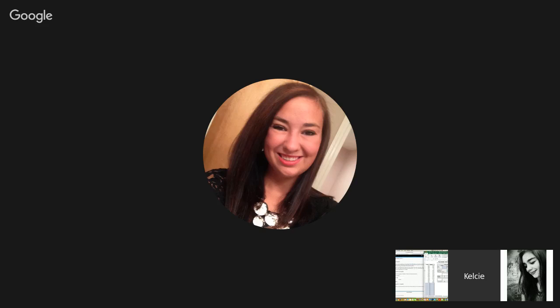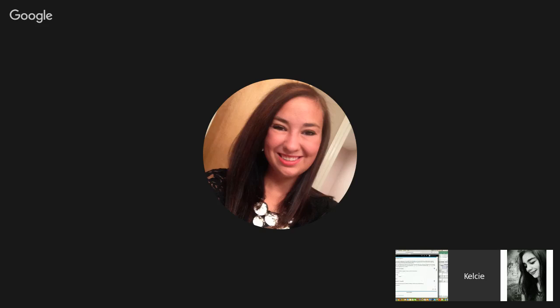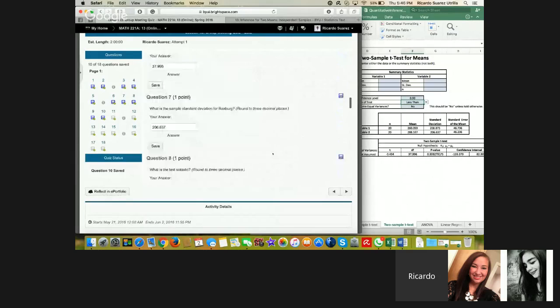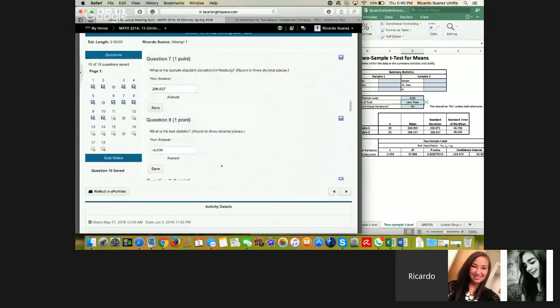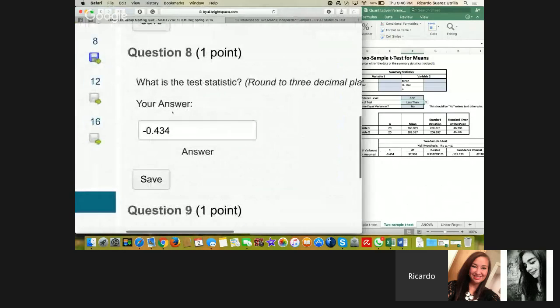Assume equal variances. I'm not sure about that. I think we just need to leave that on no. Okay, so standard deviation is going to be the same. Test statistic is going to be minus 0.434.